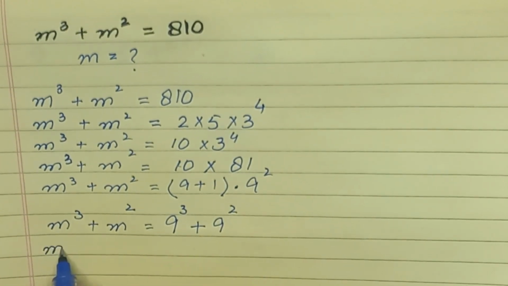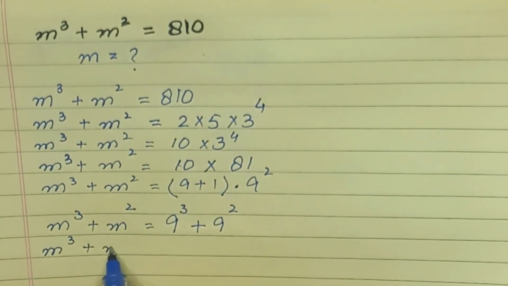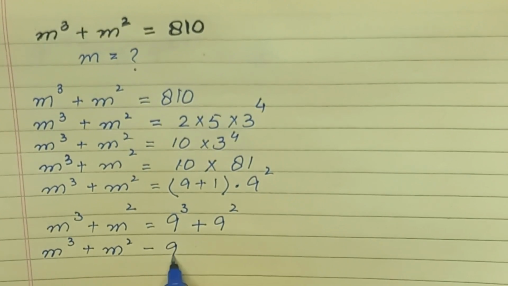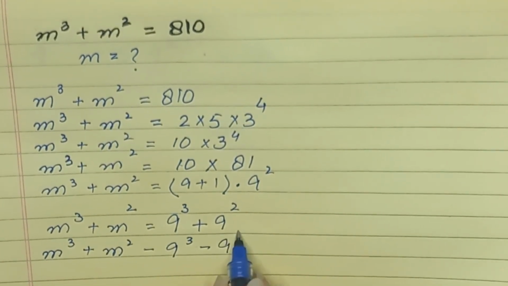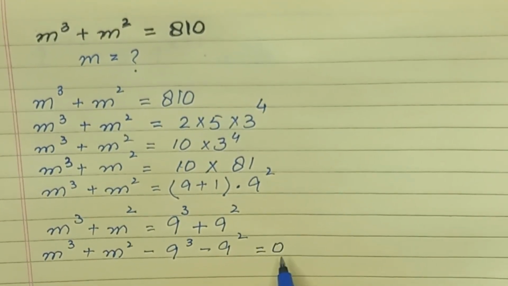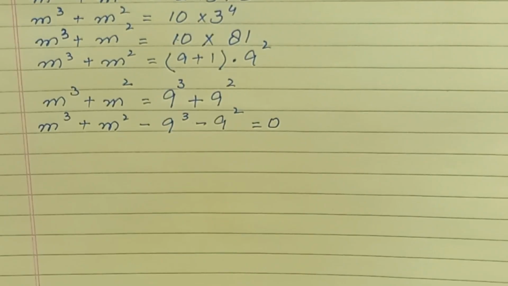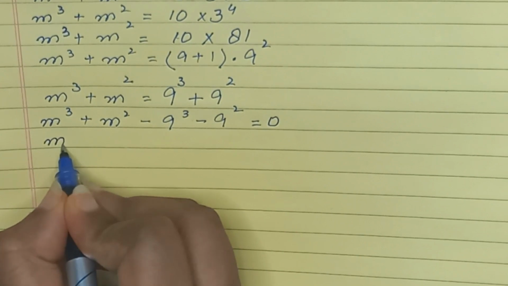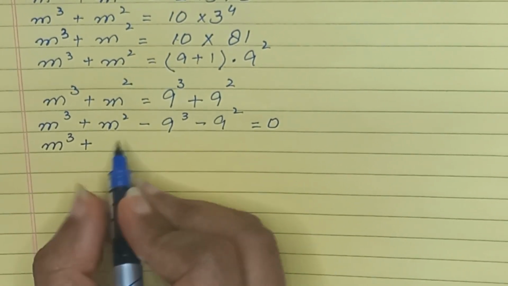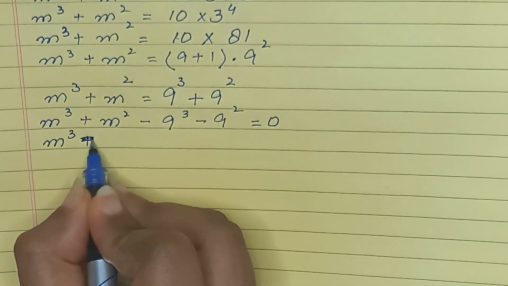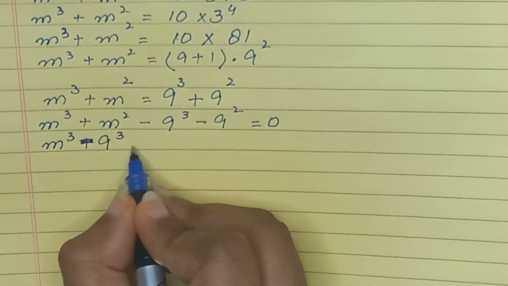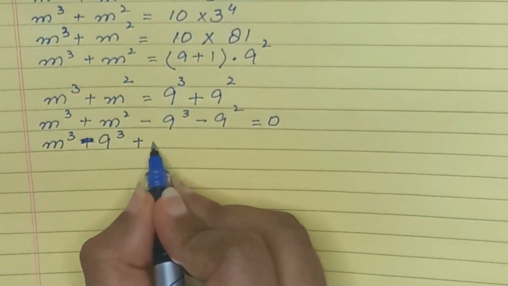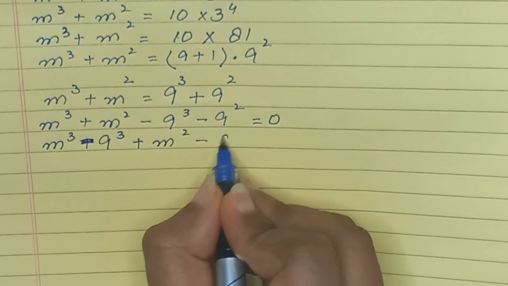Now we can write it as m cube plus m square minus 9 cube minus 9 square, and it is equal to 0. Now we will combine the cube terms: m cube minus 9 cube plus m square minus 9 square.